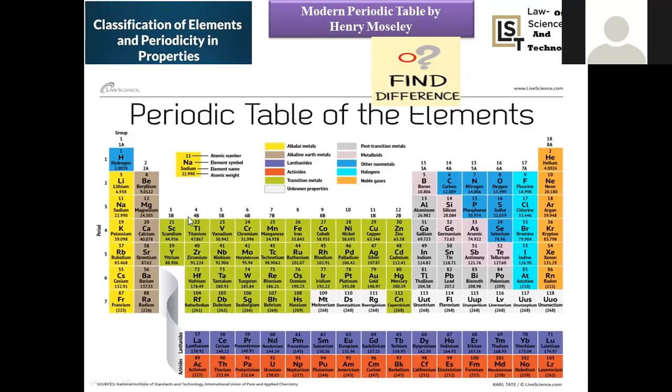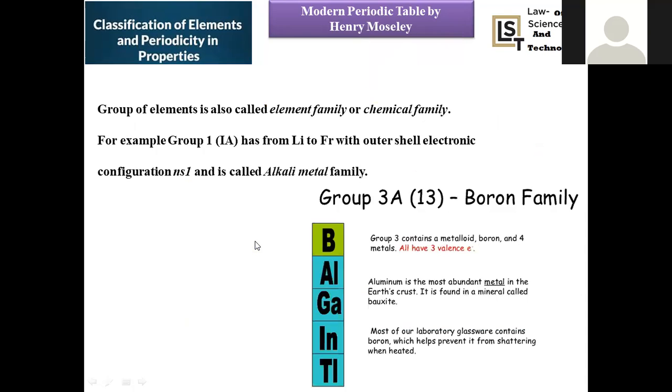So here 1, 2, 3, 4, 5, 6, 7, 8, 9, 10, 11, 12, 13, 14, 15, 16, 17, 18. There is no ambiguity and no doubt arising because there is a continuation, so that everybody can easily understand in a simplified manner. That's the reason why this is widely accepted by the International Union of Pure and Applied Chemistry.